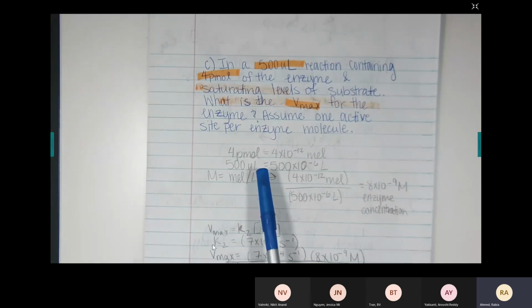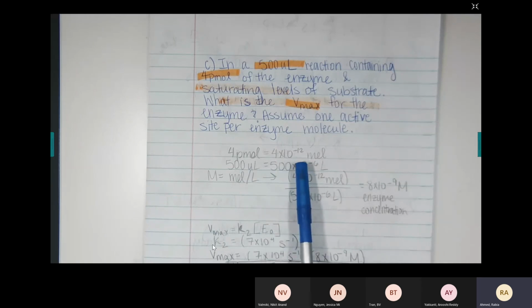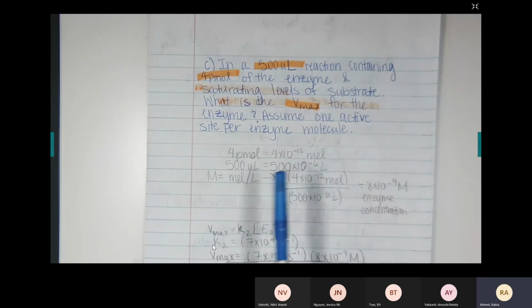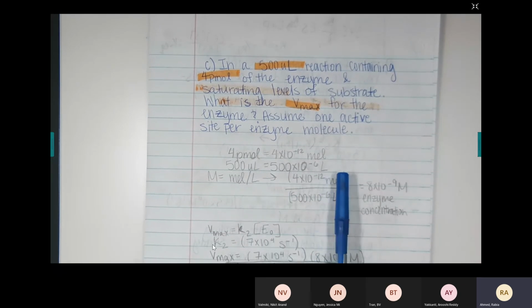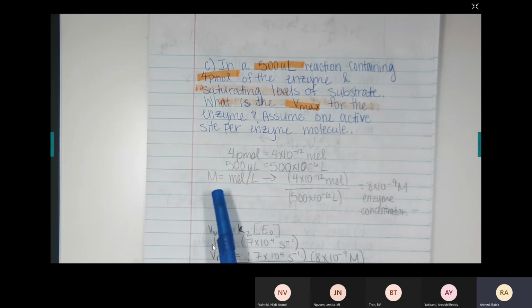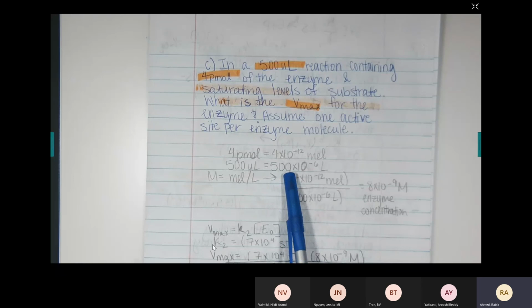So 4 picomoles is equal to 4 times 10 to the negative 12th moles, and 500 microliters is equal to 500 times 10 to the negative 6 liters. Dividing these two numbers gives 8 times 10 to the negative 9th molar enzyme concentration.